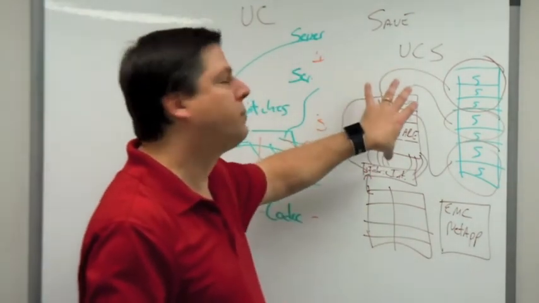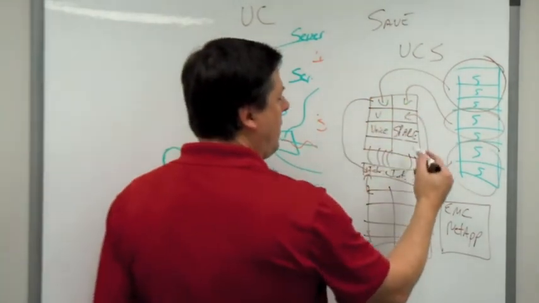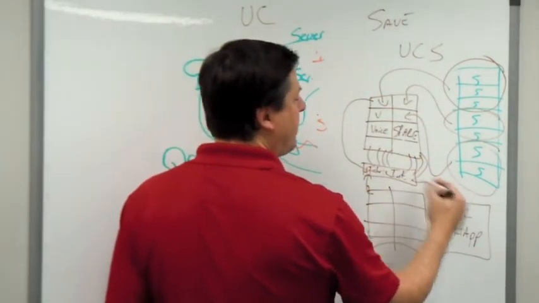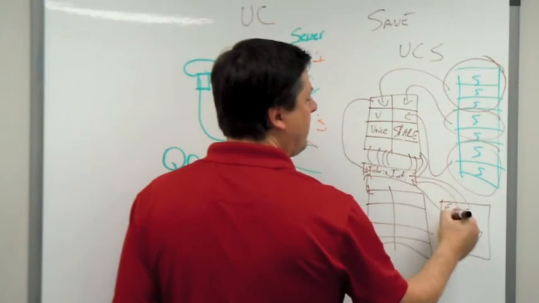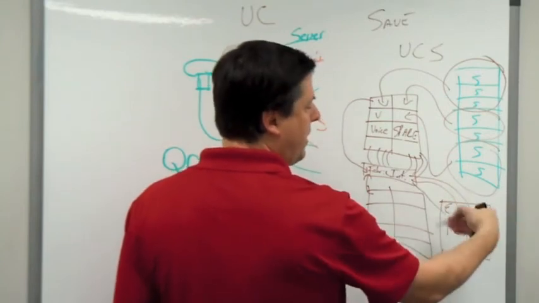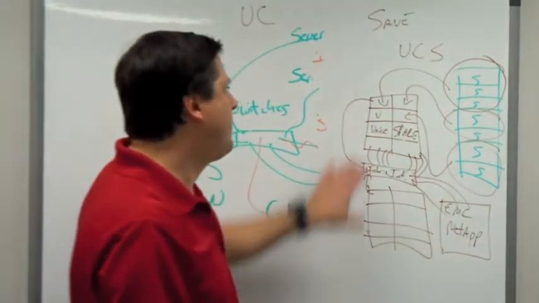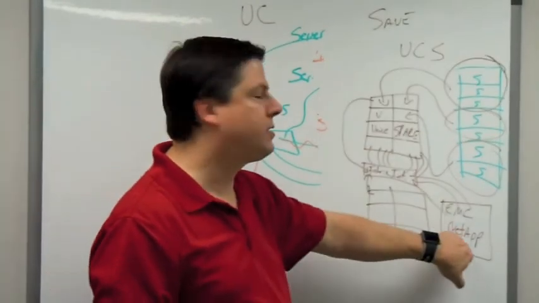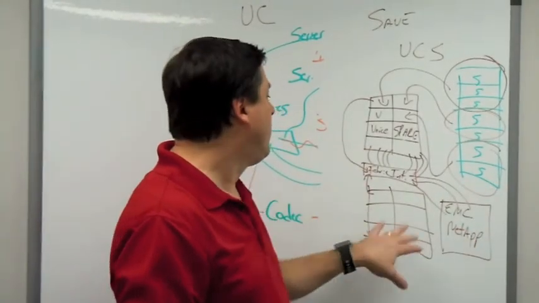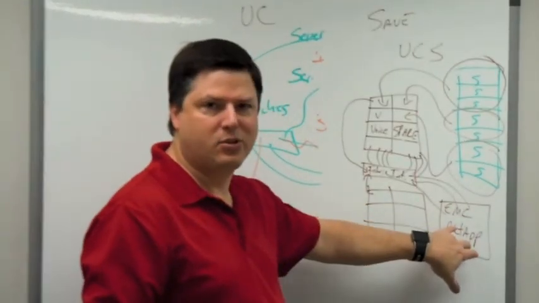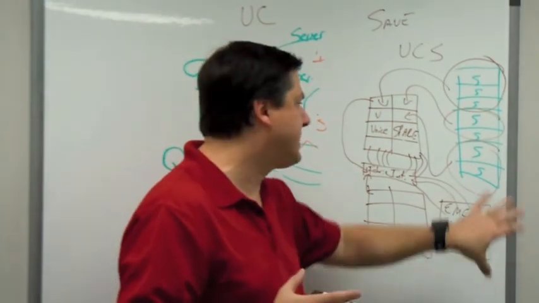And I can take these blade servers and plug them directly out of the Fabric Interconnect into my SAN. So now all of these blades have access to the same storage. And once again, we've consolidated.